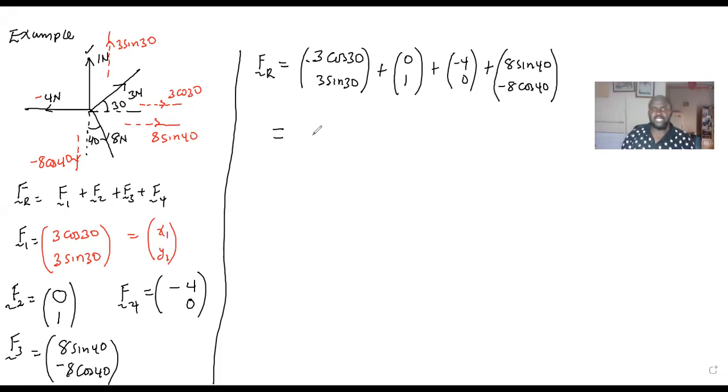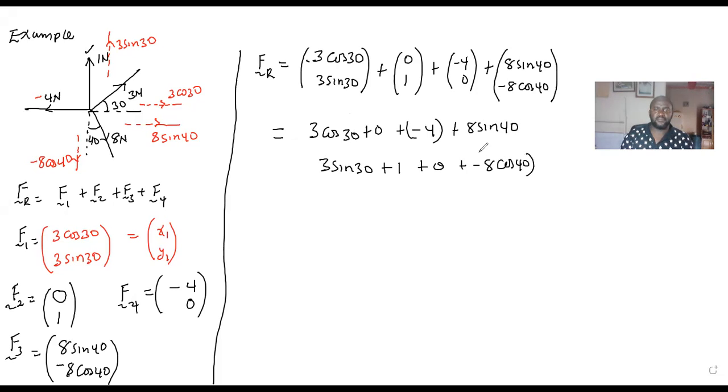So we get a calculator and add the first ones together. This sine plus 1. Can you press your calculator and add all this together? So add the first one.